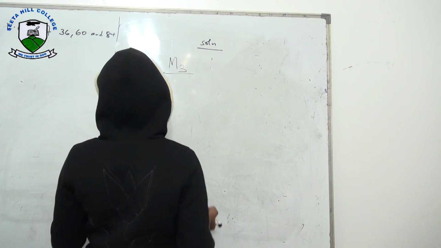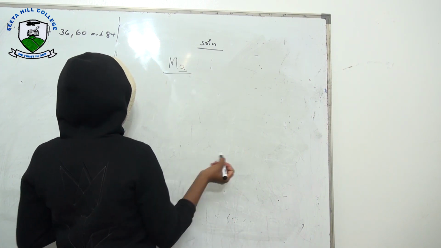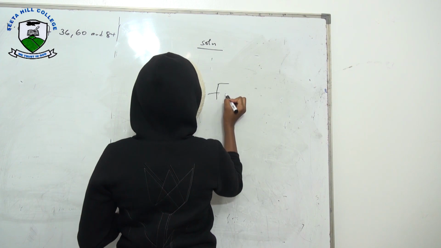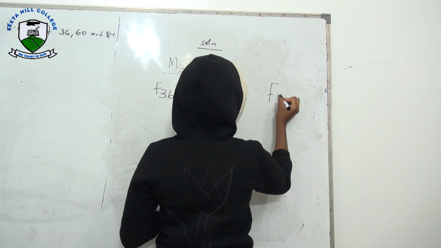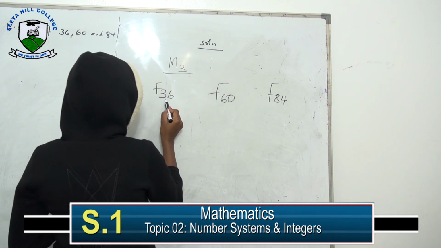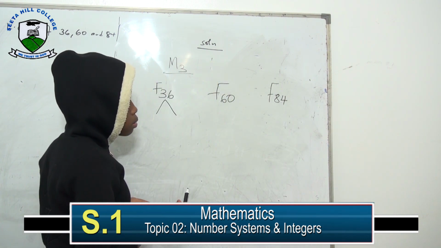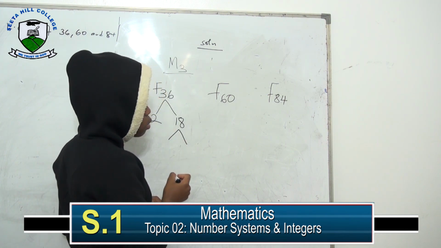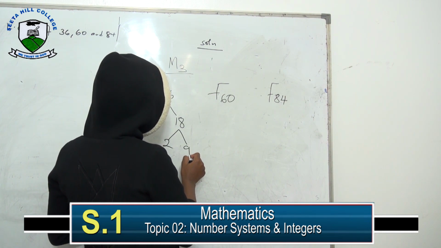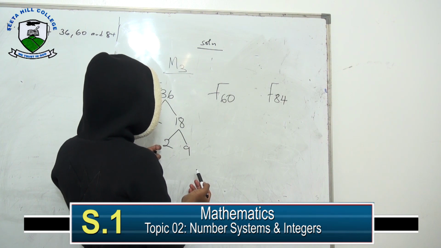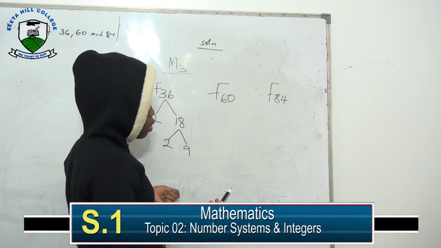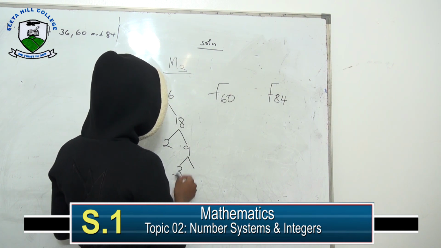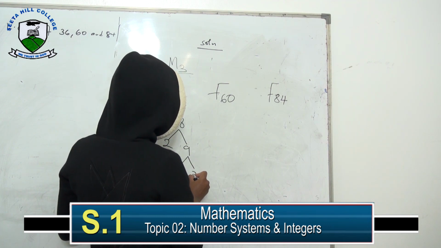Now let's use the third method. This one is called the factor tree. So we are looking for factors of 36, factors of 60, and factors of 84. 36 divided by 2 is 18. Then 18 divided by 2 is 9. 9 can be divisible by 2, but it will leave a remainder, so we use 3. 9 divided by 3 is 3, and 3 divided by 3.